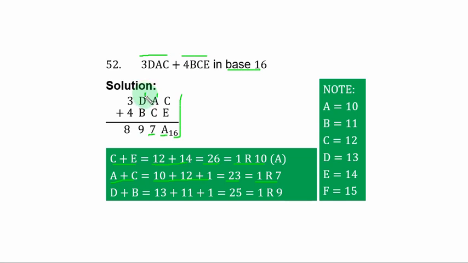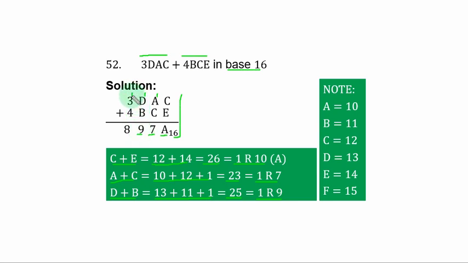The third column from right, you have D plus B, that is 13 plus 11 plus the 1 you carried, you have 25. Divide by 16, 1 remainder 9. You put down 9, you take 1 forward.